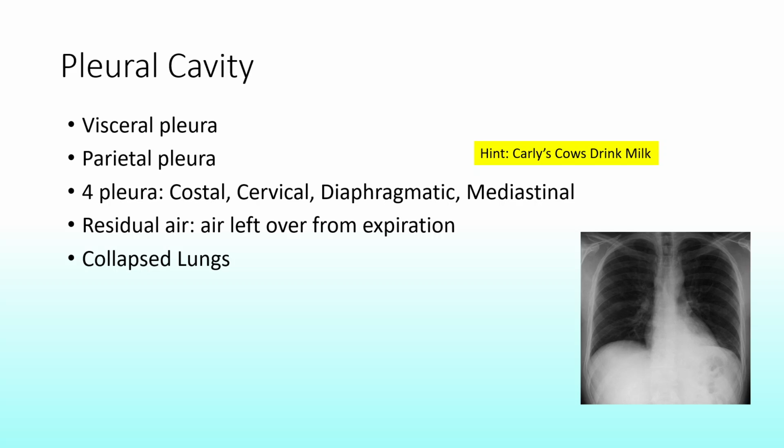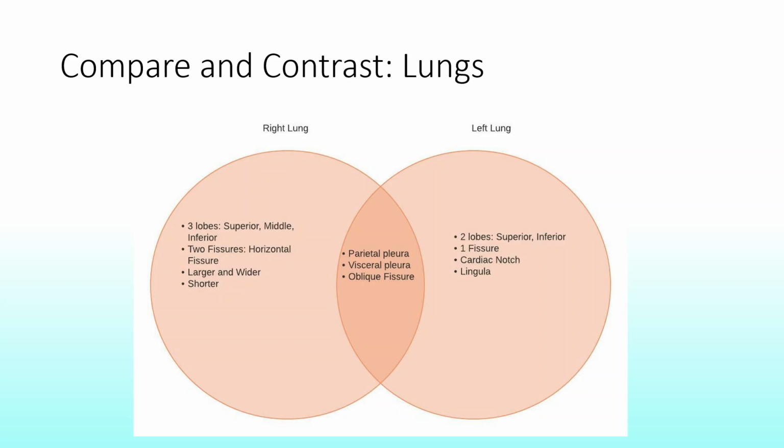This air is very important to keep our lungs partially inflated after expiration to prevent our lung from collapsing. A common way lungs collapse is due to the puncturing of the parietal pleura. As a result, atmospheric air enters, gets rid of the residual air, and that's how your lung collapses.